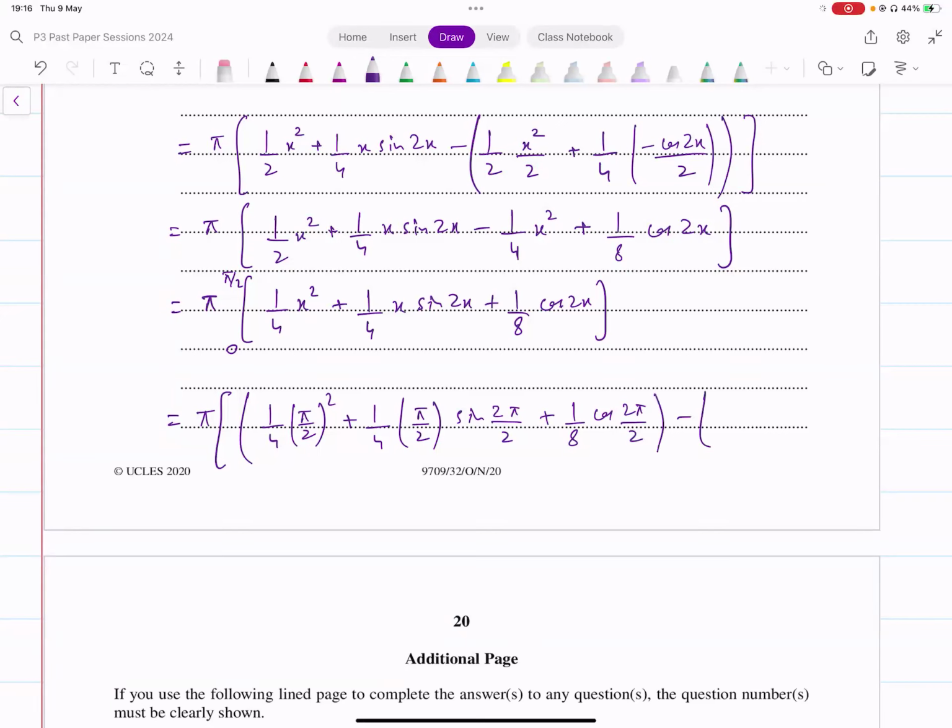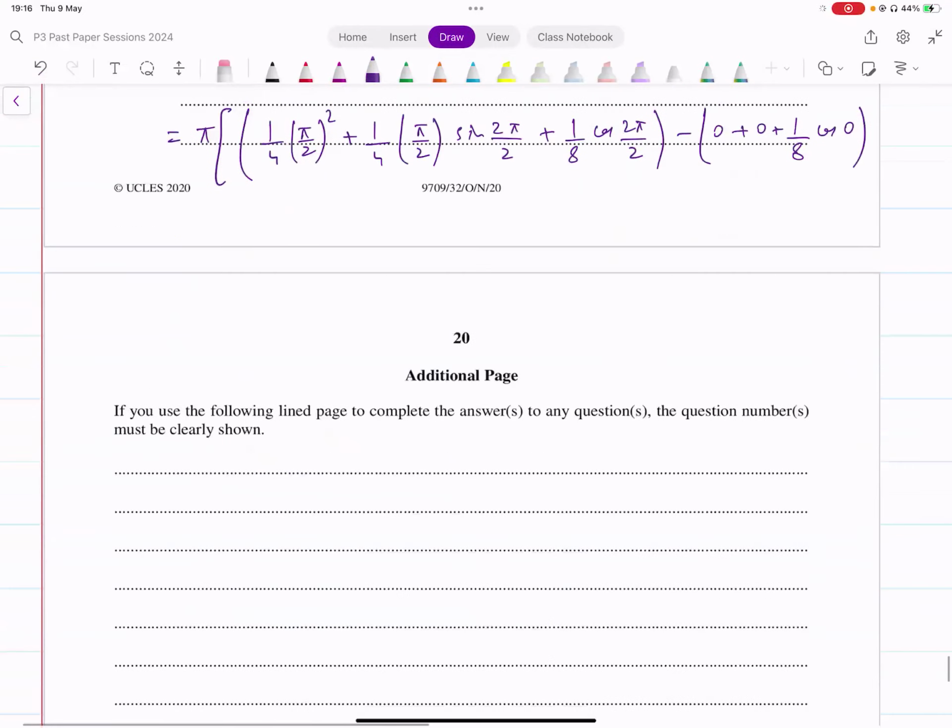Subtract from this the case when you input x equal to 0. When you input x equal to 0, this first term becomes 0. This term also becomes 0. What are we left with? 0 plus 0 plus 1 over 8 into cos of 0.